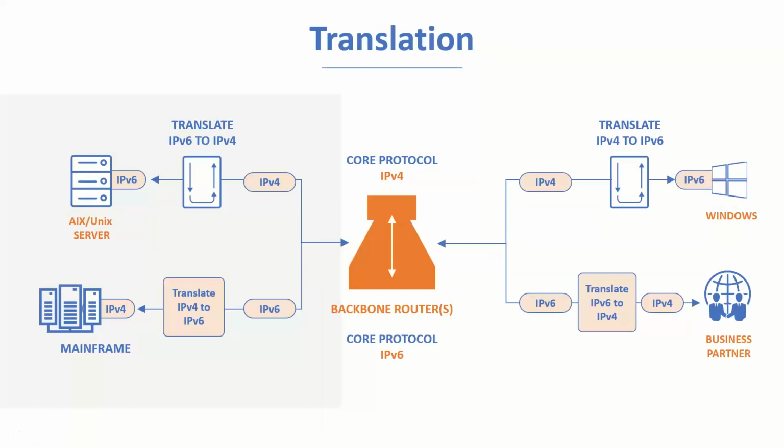Let's talk about translation and how that works. So far, we've been talking about tunneling. That is, you encapsulate one packet inside another. But then some people are like, well, I have a smart idea. I'm just going to translate the headers.